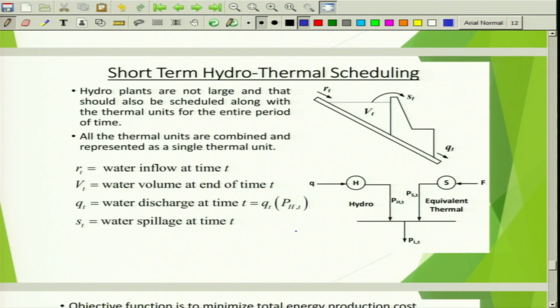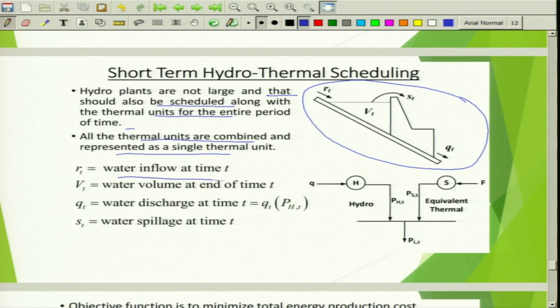Now there is a last thing. Hydropower plants are not large typically and should also be scheduled along with the thermal units for the entire period of time. All the thermal units are combined and represented as a single thermal unit, right? So let us say this is the picture, there is a water inflow at time t, RT is expressed as water inflow, and because of the inflow, there is a water volume at the end of time t in the reservoir, right?